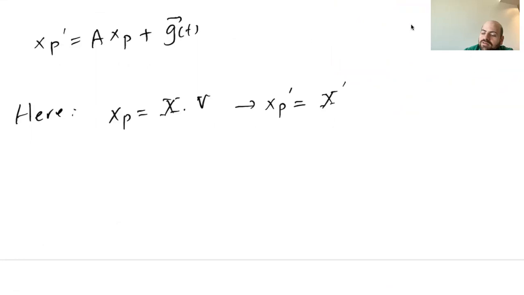So in order to differentiate the right-hand side, I have to use the product rule. I cannot change the order because I'm multiplying a matrix with a vector. So capital X prime times V plus capital X times V prime.